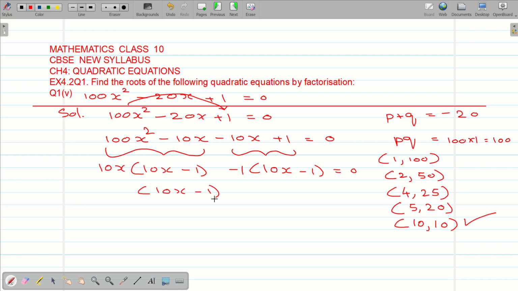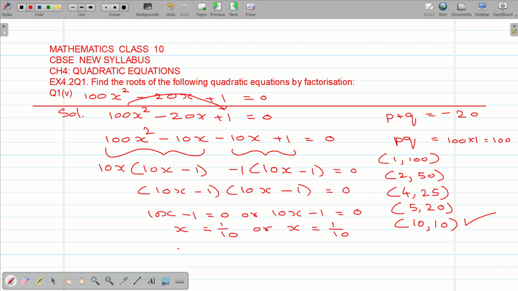So 10x minus 1, 10x minus 1 is equal to 0. 10x minus 1 is equal to 0, or second bracket 10x minus 1 is equal to 0. x is equal to 1 by 10, or x is equal to 1 by 10.